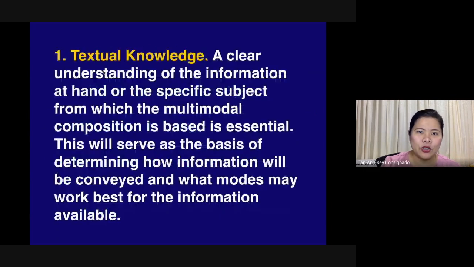Textual knowledge: a clear understanding of the information at hand or the specific subject from which the multimodal composition is based is essential. This will serve as the basis of determining how information will be conveyed and what modes may work best for the information available.